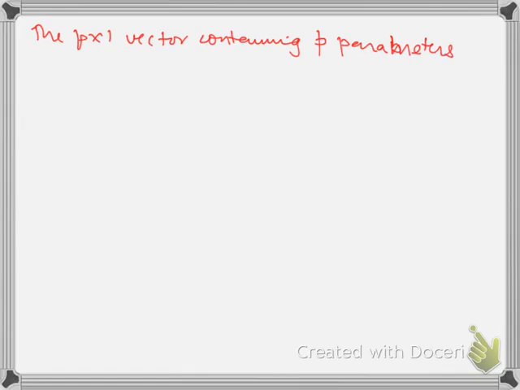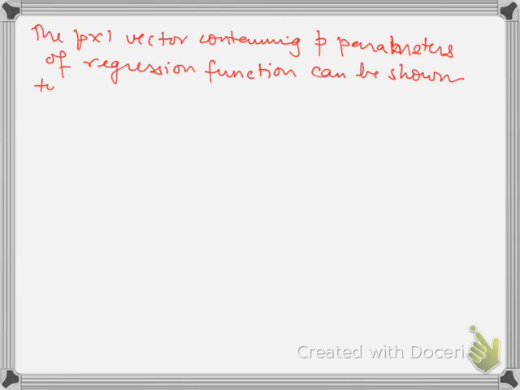If you have the P cross 1 vector containing P parameters of the regression function, it can be shown to equal B. So B is the same as beta naught hat, beta 1 hat.